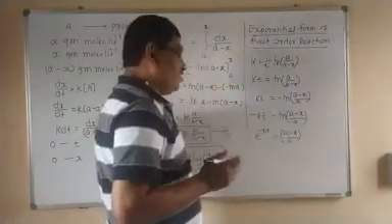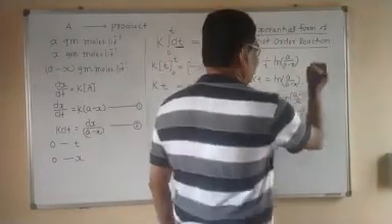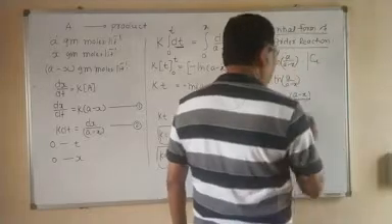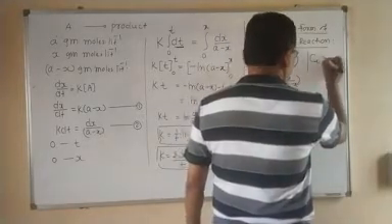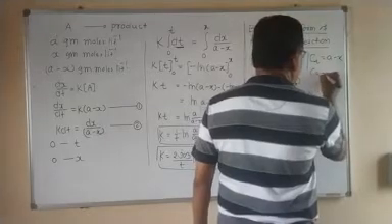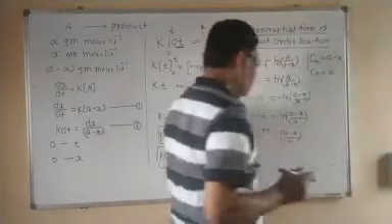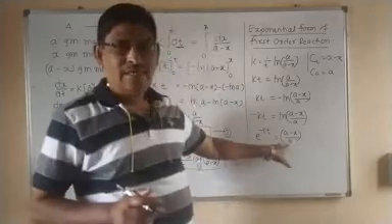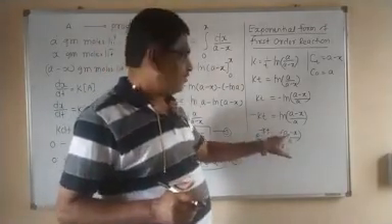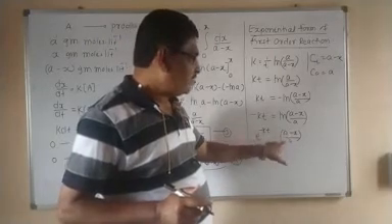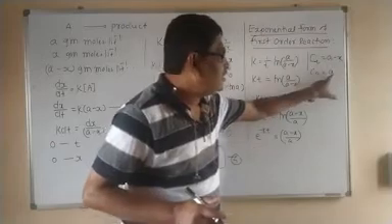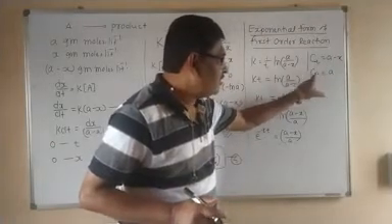Now substitute the values. What is a minus x? It will be the concentration after time t, and small a is C0, that is the initial concentration. Both the values are substituted here. a minus x is Ct, and instead of small a, replace C0.